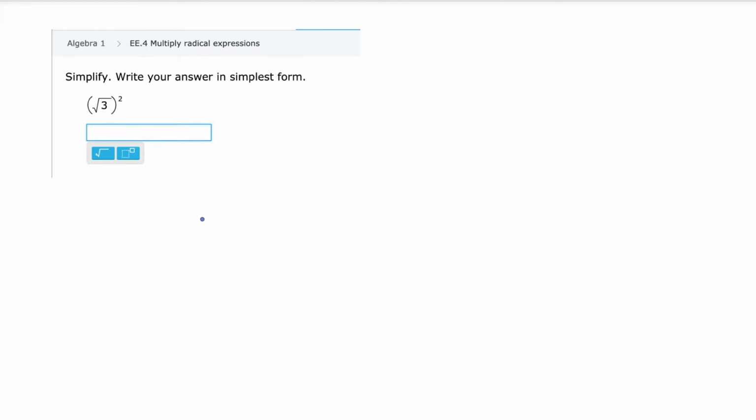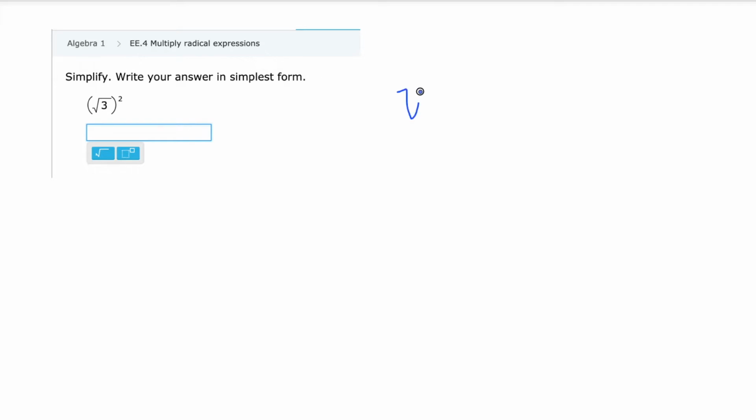How do we do that? Because the square root's on the outside, you're multiplying root 3 by root 3. Correct. So that would just be 3. Why do you say that? Because root 3 times root 3 is 3. Good, and that's exactly how I do it.